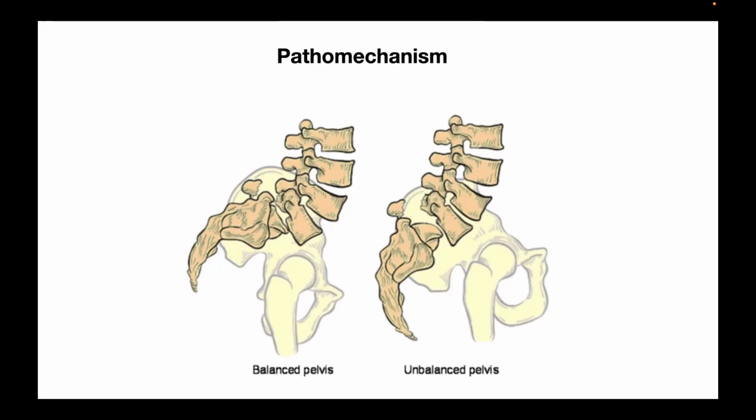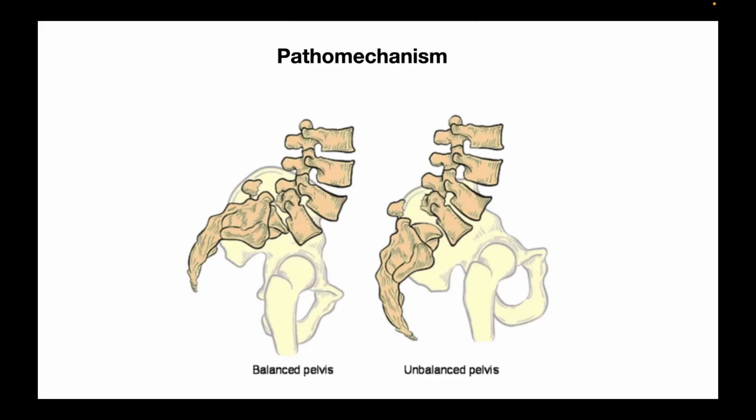Till the maximum of 80 degrees of lumbar lordosis compensation occurs, the pelvis will be more or less balanced. When this lumbar lordosis reaches its threshold, the pelvis takes over the next compensatory mechanism.